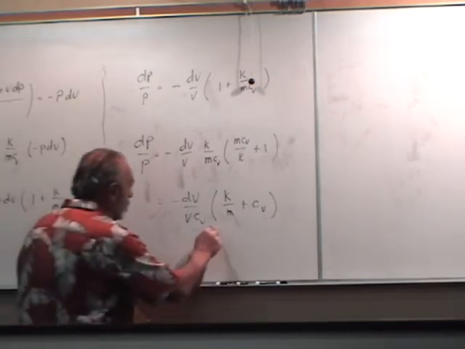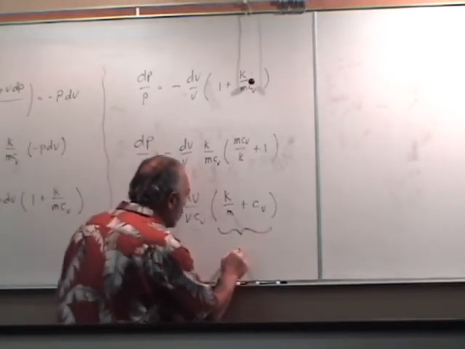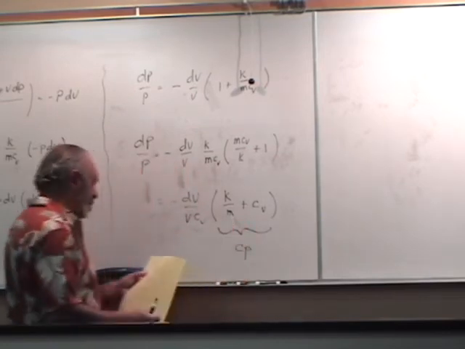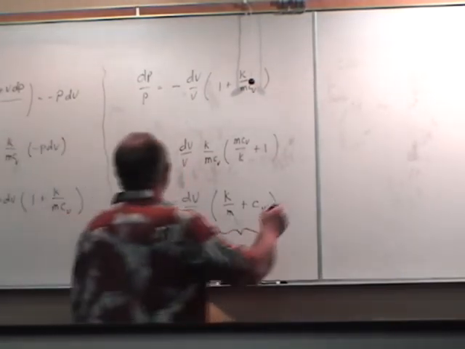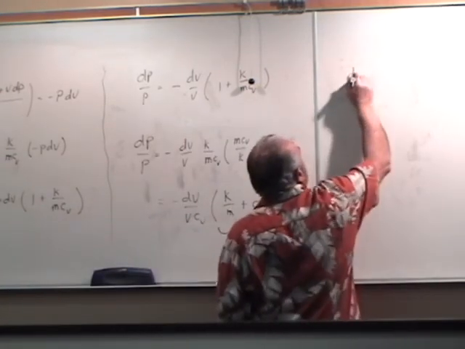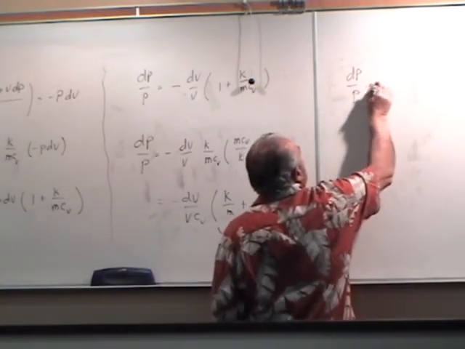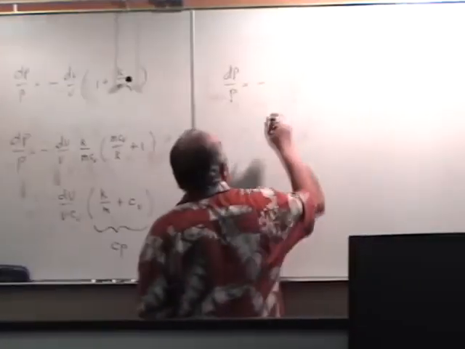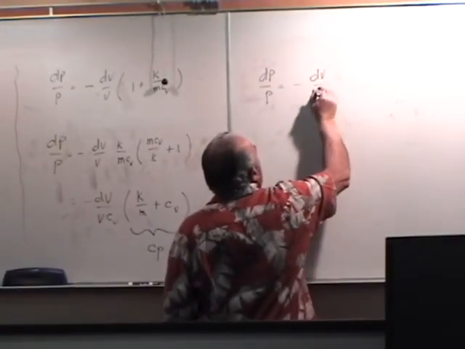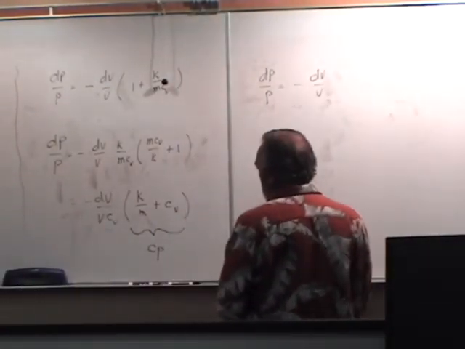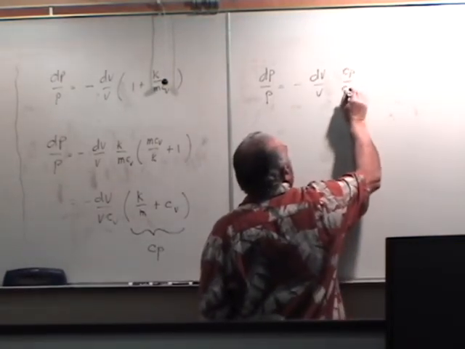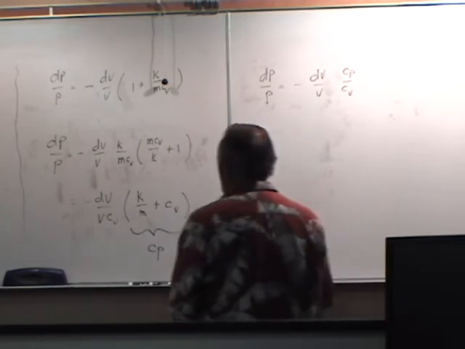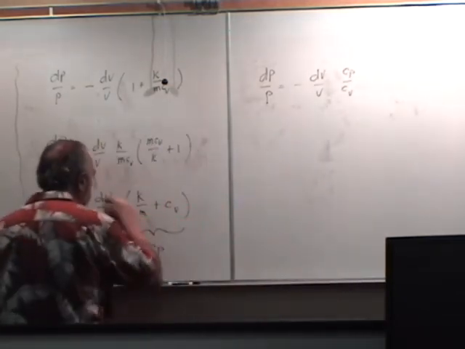But all of this is nothing more than c sub p. Hence, therefore, we have dp over p equals minus dV over V times c sub p over c sub v. There's the c sub p, there's the c sub v.